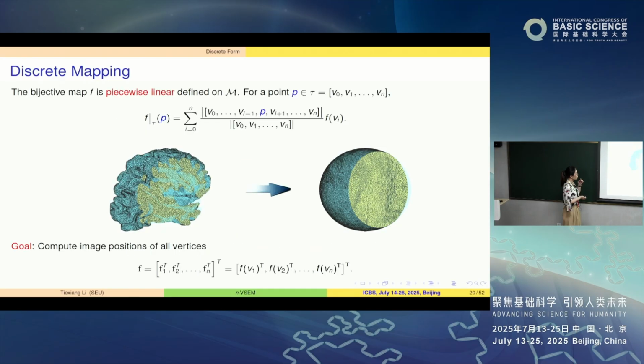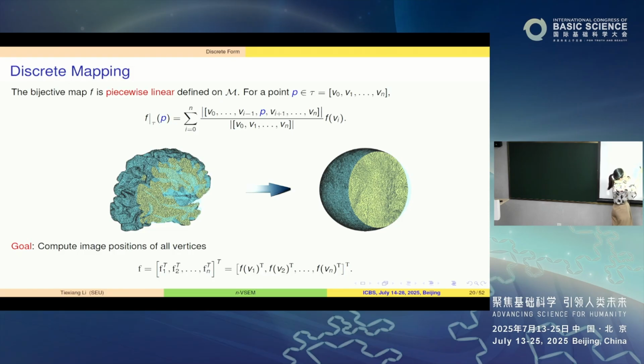Our goal is to solve for F. If we have all the discrete vertices, the bijective map F is piecewise linear and can be defined on M. How do we represent an arbitrary point P?